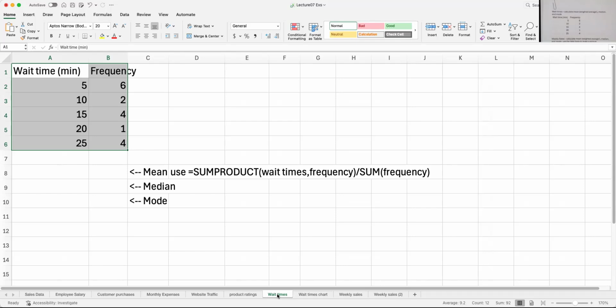That number at the top occurred 6 times, and this one 2 times, and 4. So I need to add those up to know how many numbers actually showed up. Add up all of these: 6 and 2 and 4 and 1 and 4. 8 and 9, that's 17.